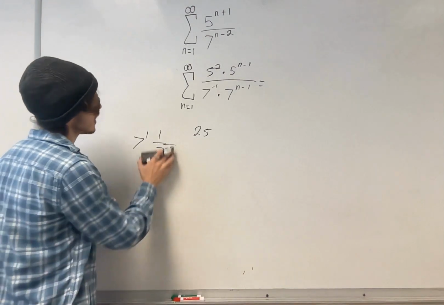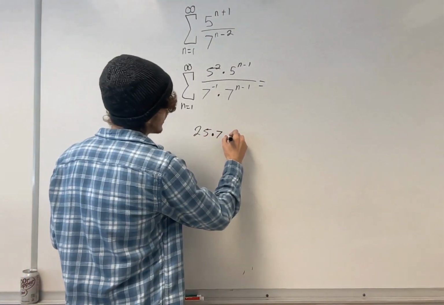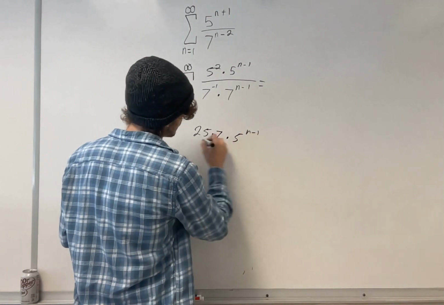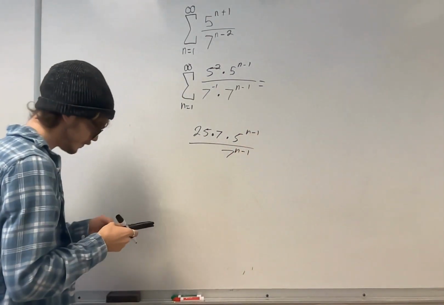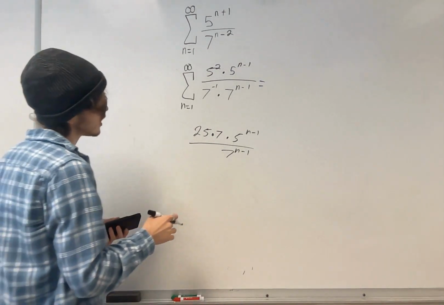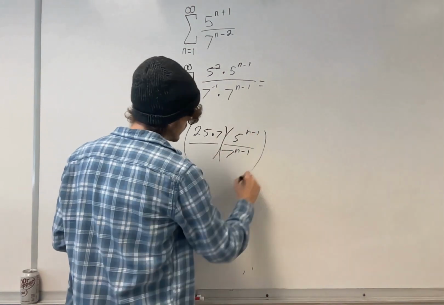Does that idea make sense? So this is 25 times 7 times 5 to the n minus 1 all over 7 to the n minus 1. We're allowed to split this up and say this is really this times this.